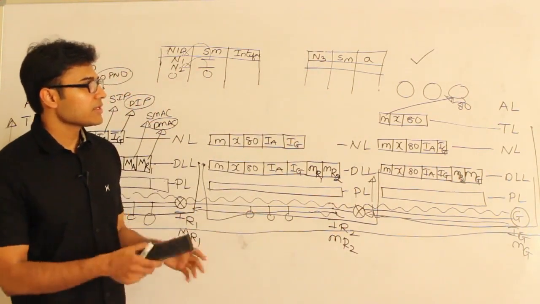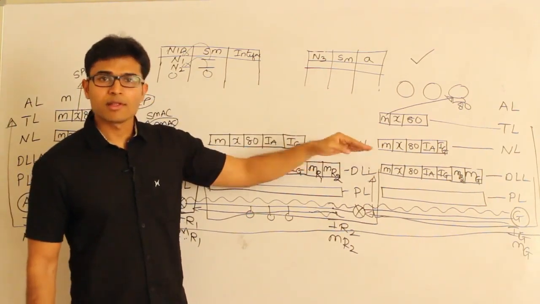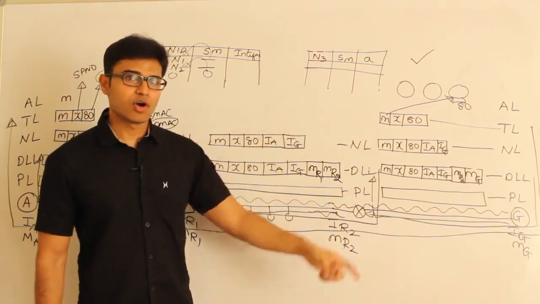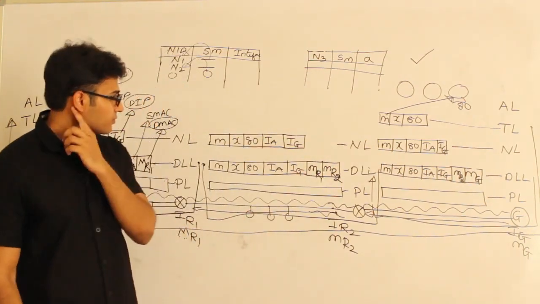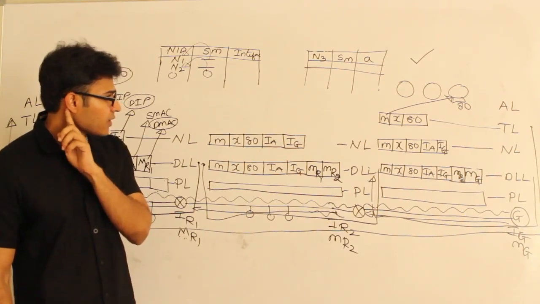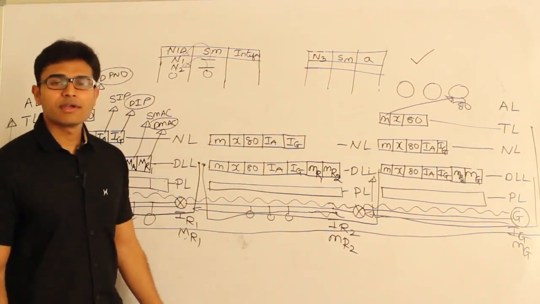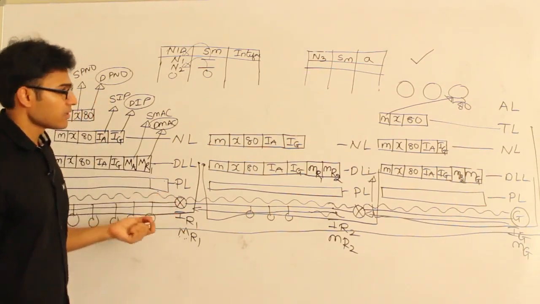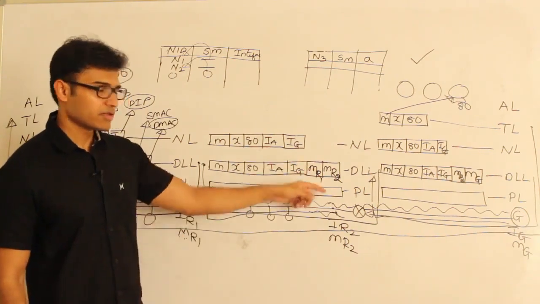So there are some functionalities which are taken care of both by the transport layer as well as the data link layer, but remember that the transport layer is end to end, the data link layer is hop to hop, and the network layer is host to host, right? And the other thing which you might wonder about here is, at the data link layer we are always communicating with MAC addresses, not with IP addresses, which means if you look at this, I am writing only the MAC address of the destination, not the IP address of the destination.